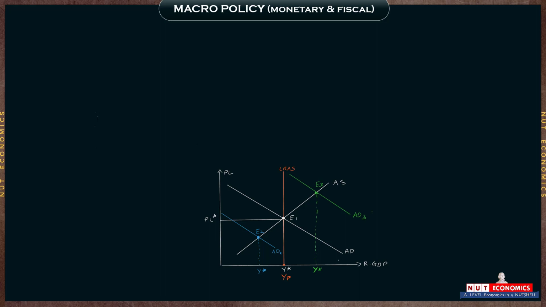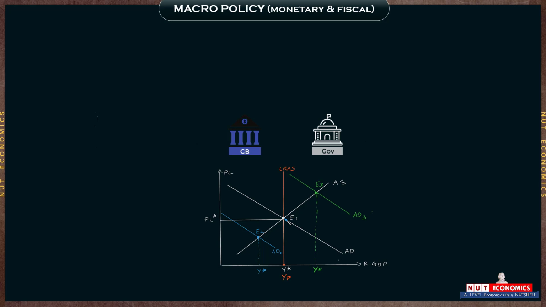And therefore, the central bank and the country's government, who are supposed to look after the country's macroeconomy, try to jump in and control the country's aggregate demand in order to manage and get rid of these business cycles.